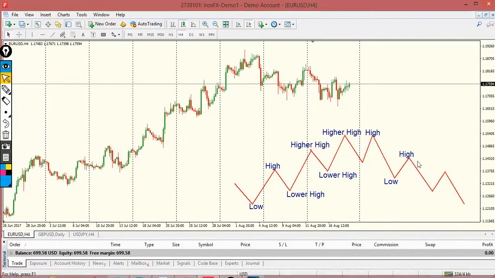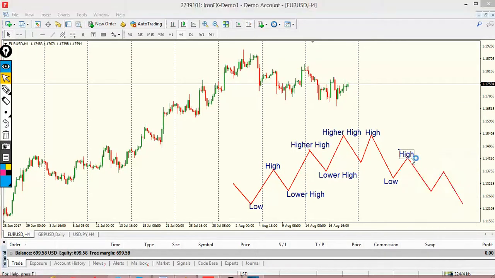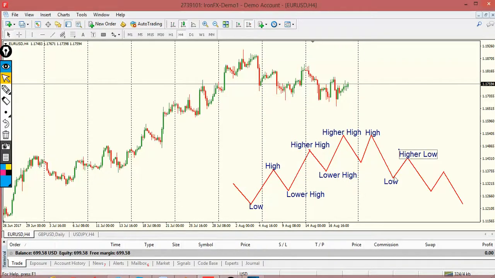And that's the drawing, guys. Okay. I've been able to shift it, yes. So we have what we call higher low. We have a higher low there. Then eventually we have what we call a lower low.